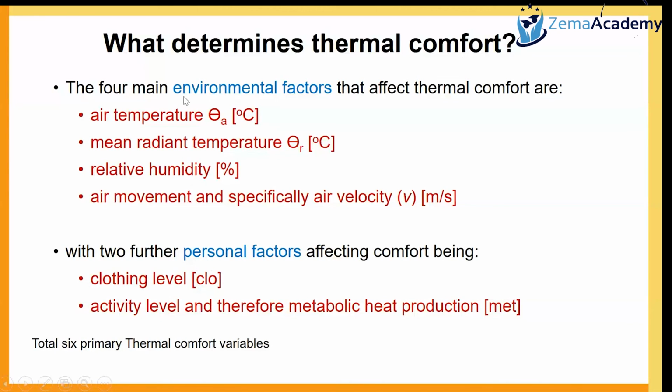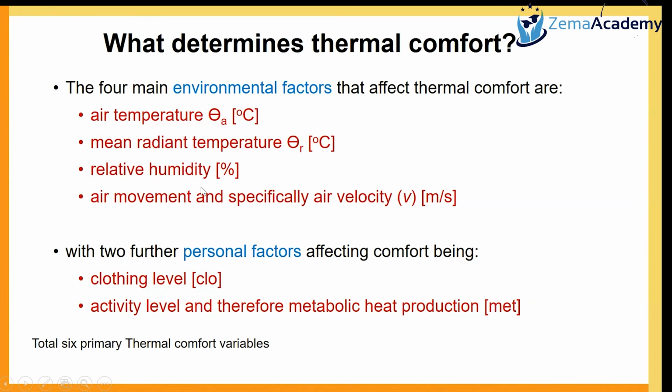When I say environmental factors, these are the factors that are coming from the space, and they include the air temperature within the space, mean radiant temperature within the space, relative humidity within the space, and air movement, and specifically air velocity within the space.